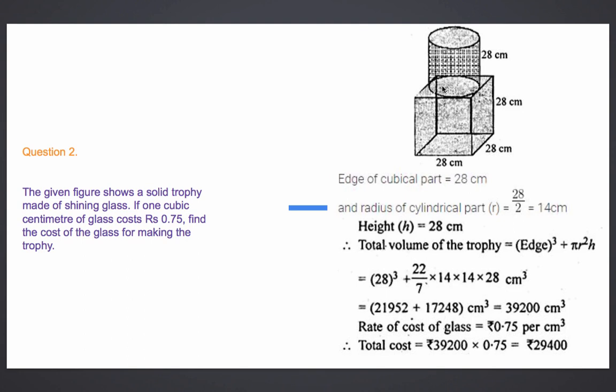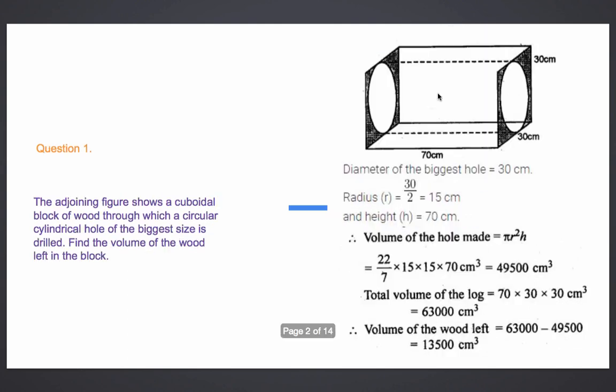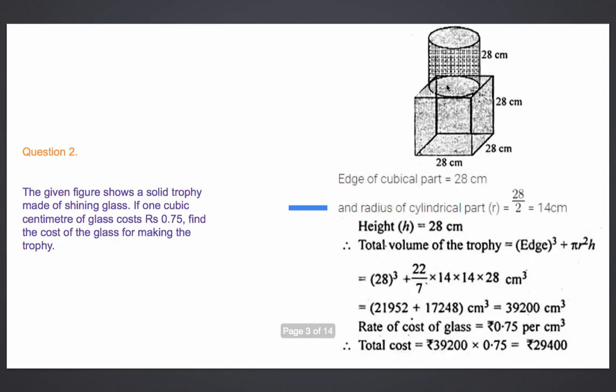This part is sorted. Now talk about the cylindrical part of the trophy. The height is given as 28 centimeter. Again, the same concept as in the first question: the cylinder is placed on the top face of the cube.